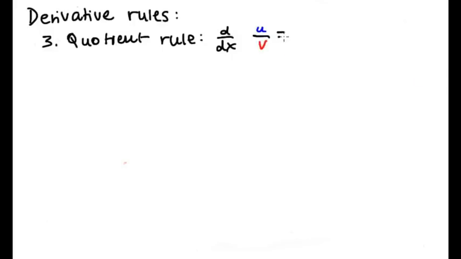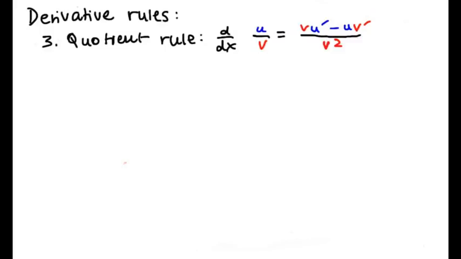And this is going to be equal to v times u prime minus u times v prime, all of that over v squared. And again, u and v are two different functions.